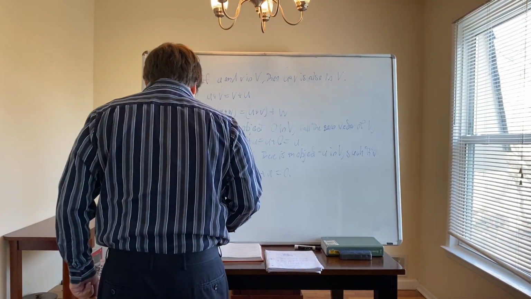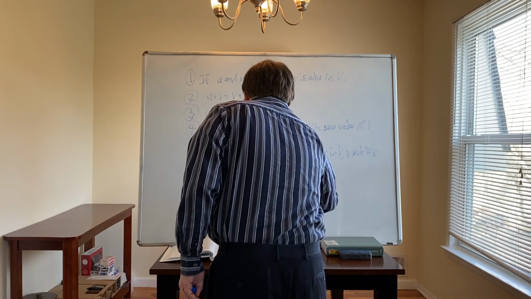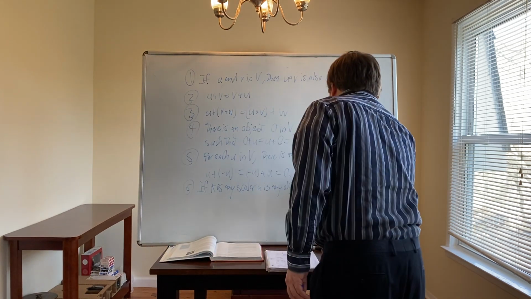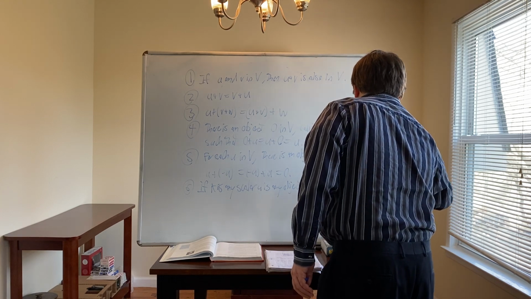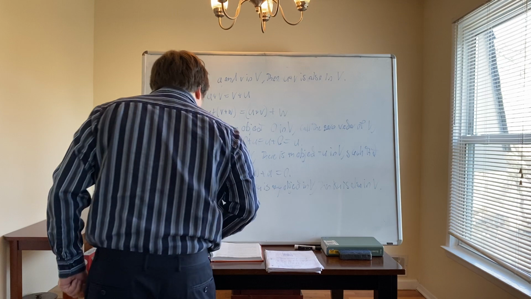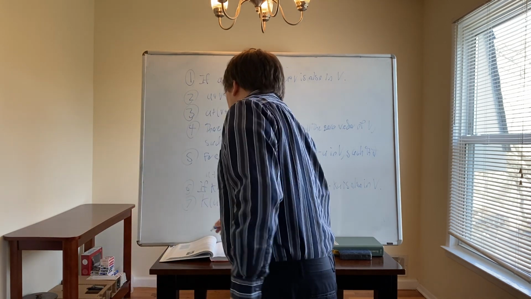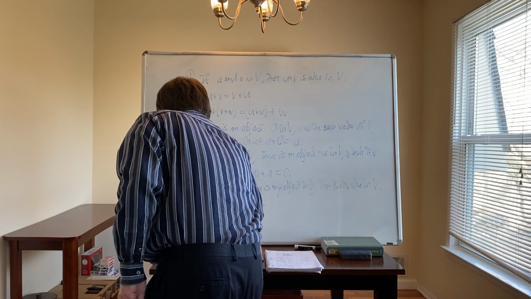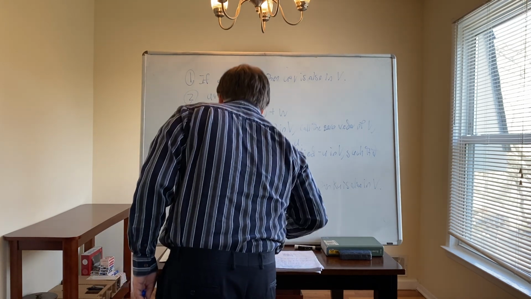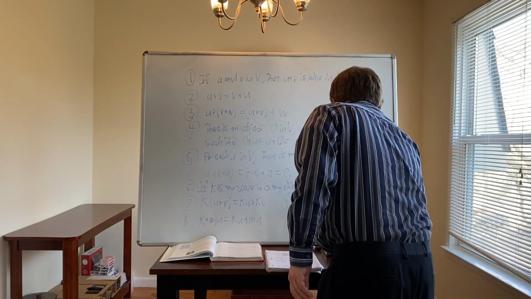Good. And 6, if k is any scalar, and u is any object in capital V, then ku is also in V. Okay, so rule 6 is that if k is any scalar and u is any object in V, then ku is also in V. 7, k times u plus v is equal to ku plus kv. 8, k plus m times u is equal to ku plus mu. 9, k times mu is equal to km times u.